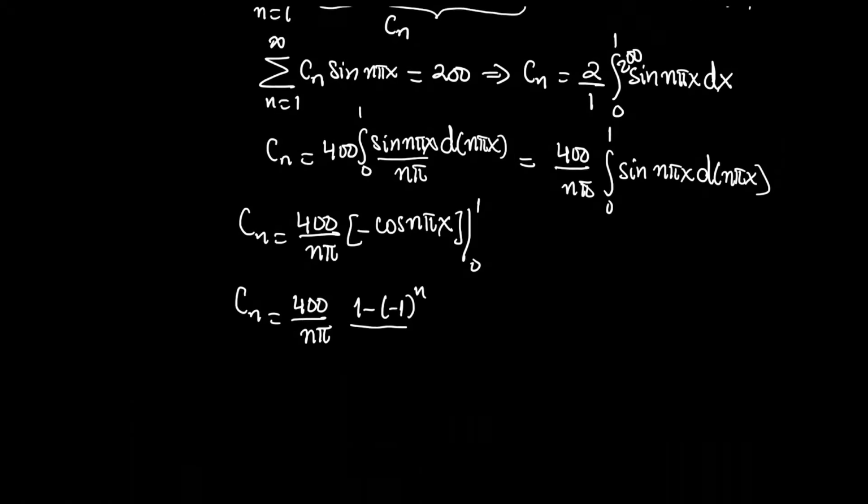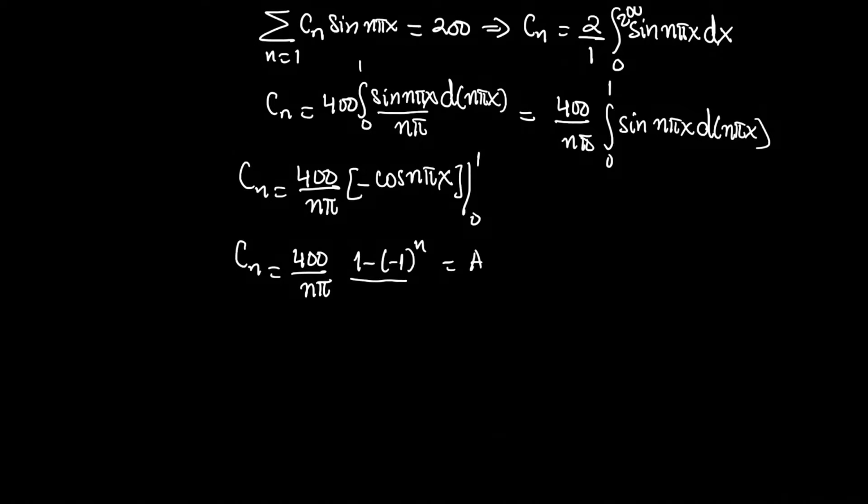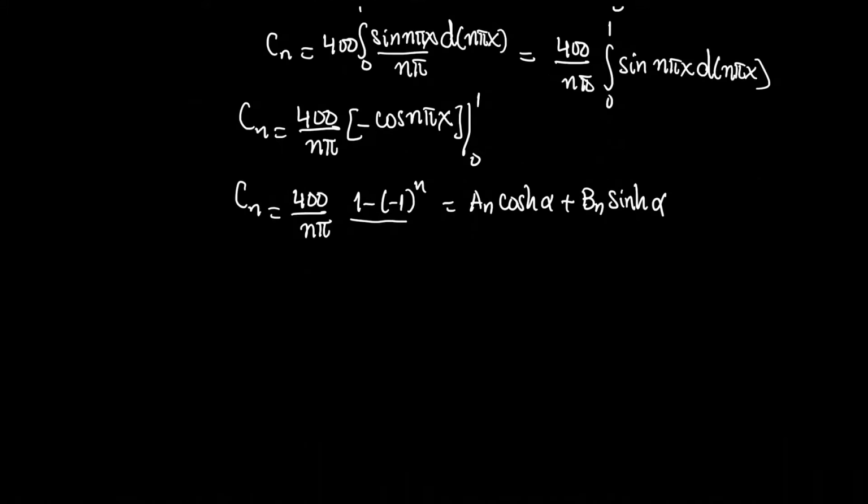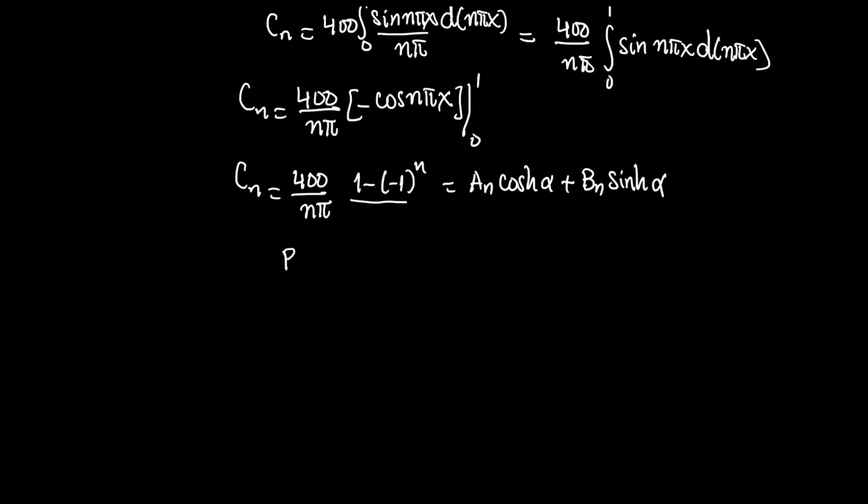Now C_n equals a_n hyperbolic cos of alpha plus B_n hyperbolic sine of alpha, and I want to solve for B_n. B_n hyperbolic sine of alpha has to be equal to 400 over n pi times 1 minus (minus 1) to the power n, minus a_n.